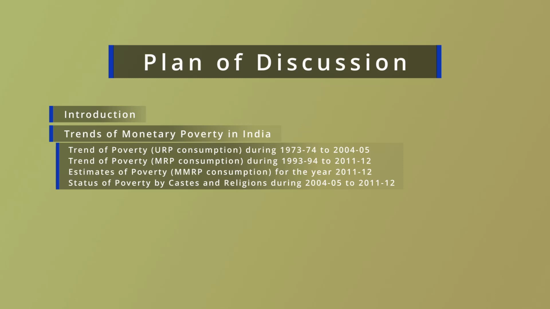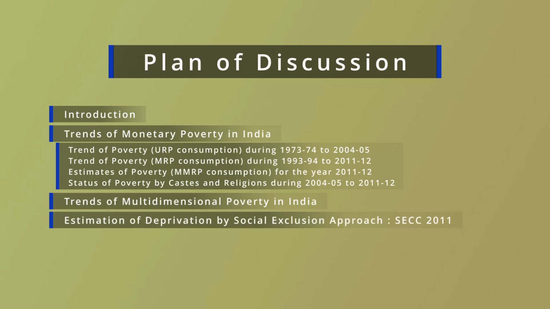We will also discuss the status of poverty across religion and across social castes to understand the intensity of the problem in our country. Section 3 deals with the trends of multidimensional poverty in our country. Section 4 highlights the level of deprivation measured by the Socio-Economic Caste Census. And finally, Section 6 makes the concluding observations.